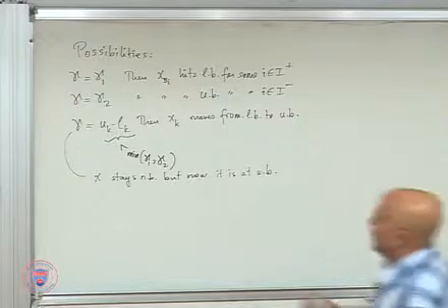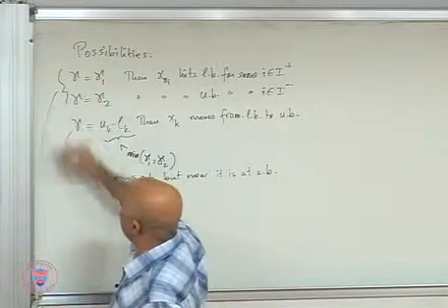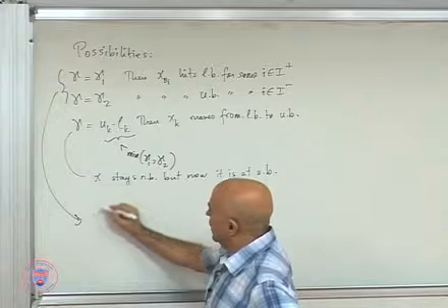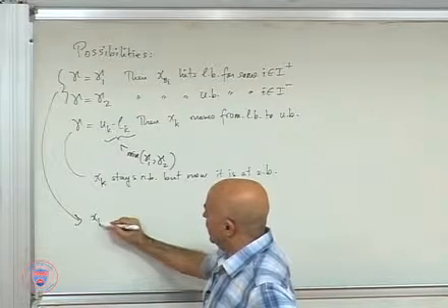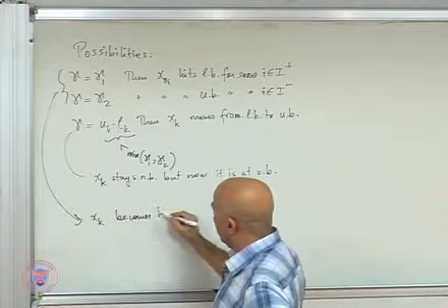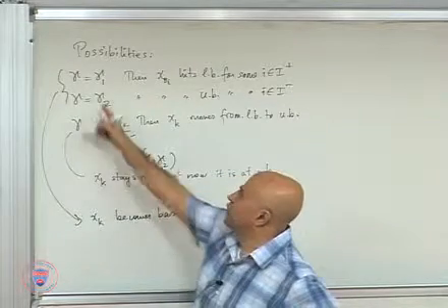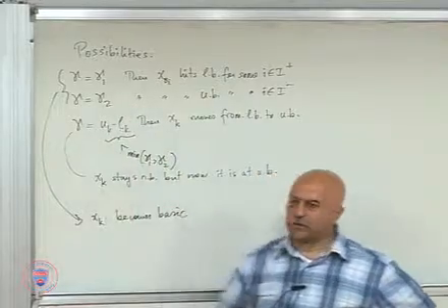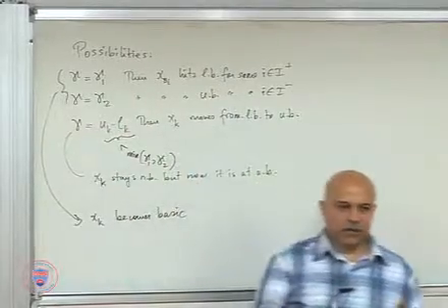And in the first two cases, xk becomes basic. And one of the basic variables, depending on which of these two cases occurred, becomes non-basic.